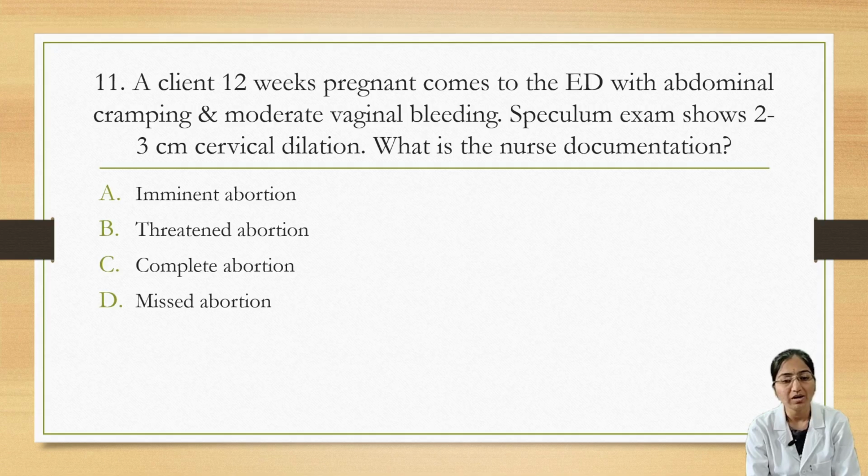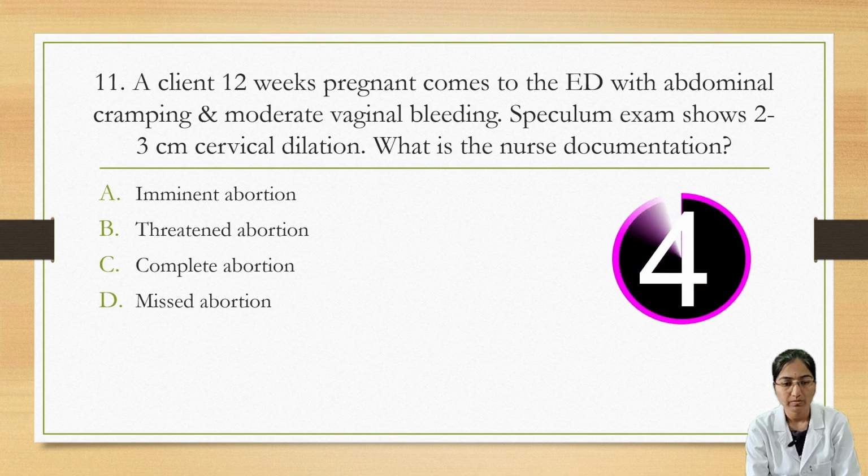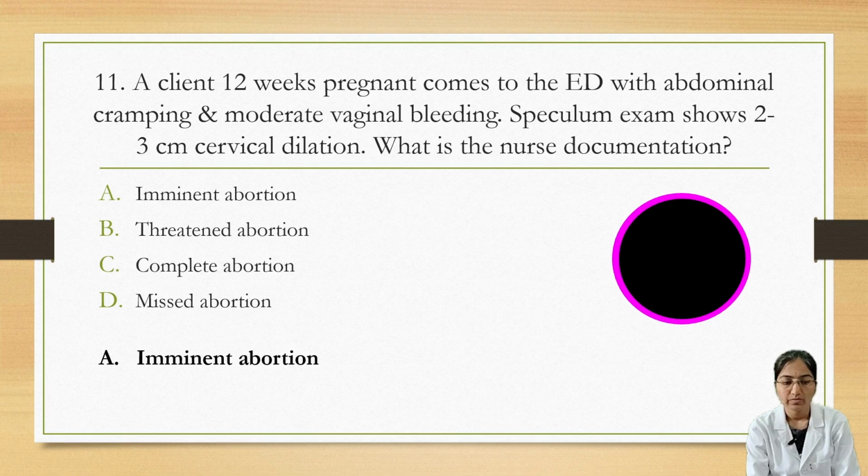Next question, a client 12 weeks pregnant comes to the emergency department with abdominal cramping and moderate vaginal bleeding. Speculum exam shows 2 to 3 cm cervical dilation. What is the nurse's documentation? That is inevitable abortion.